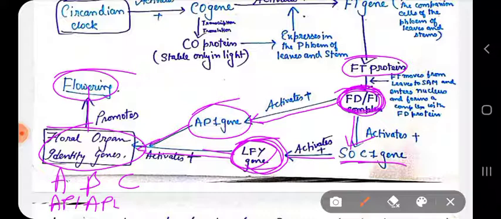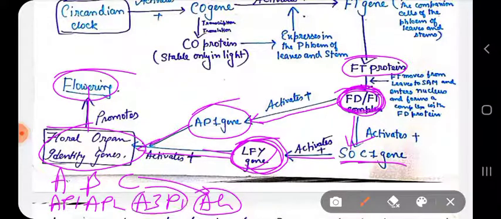Under class B there is Apetala 3 and Pistillata, and class C gene represents the Agamous gene AG. These three classes of genes interact with one another for the formation of the different parts, the whorls, of the flower. Okay, one by one, that we will see in the next video.